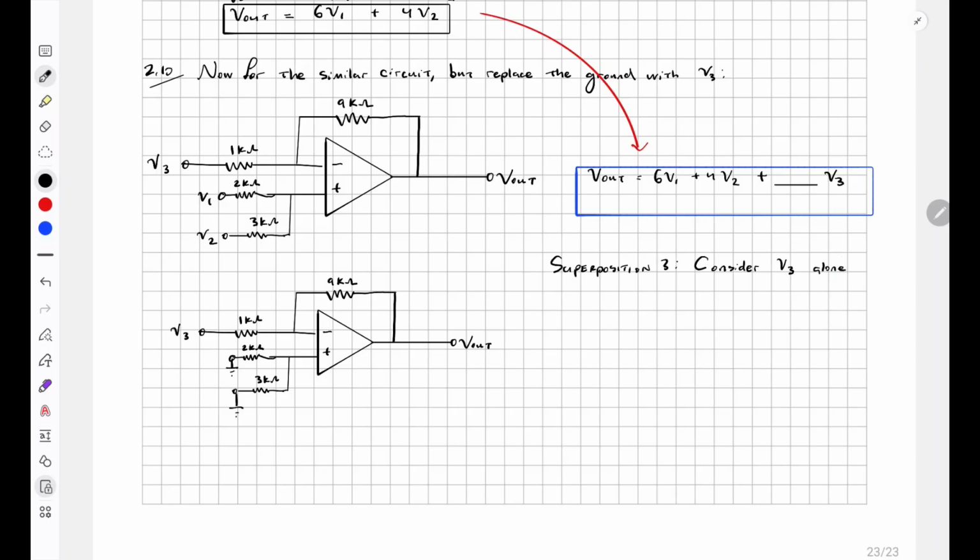Like in any ideal op-amp case, they have something called the virtual short circuit approximation, which says that in the ideal op-amp there is a virtual short circuit here, such that V minus is the same voltage as V plus. We call that Vx. So in that case, we can solve for Vx.